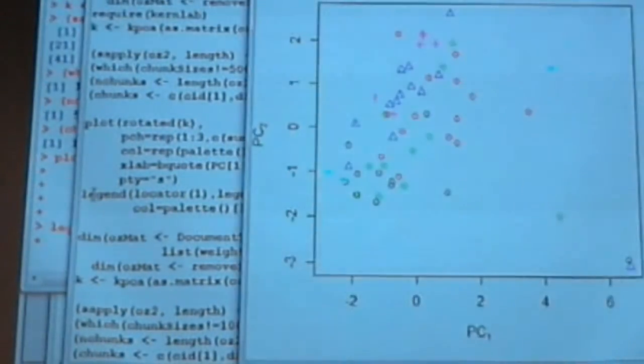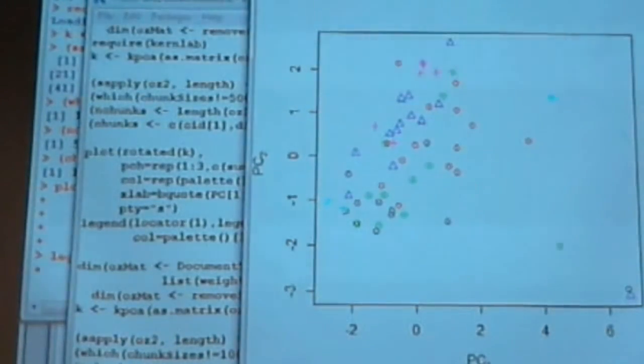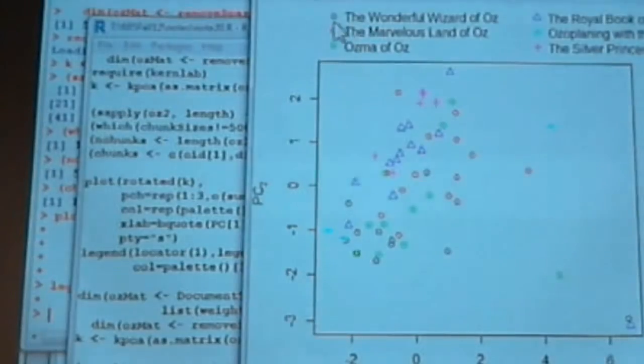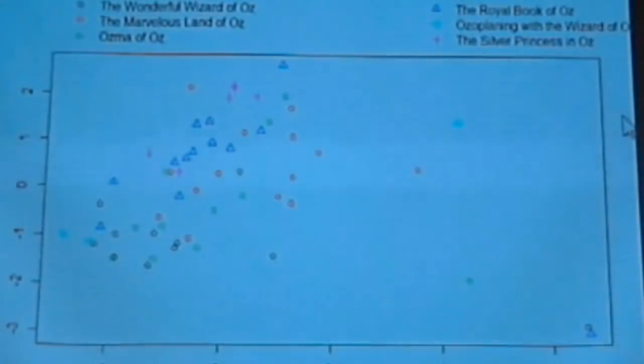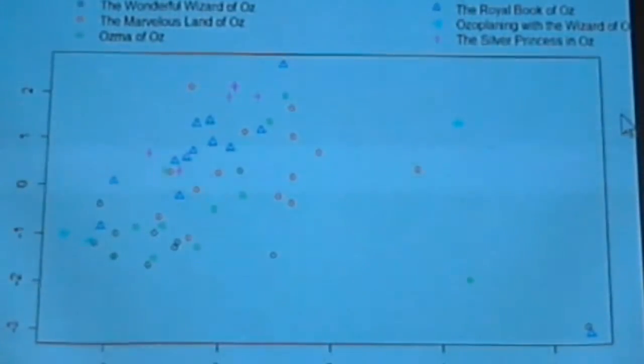So here, this is the plot. Let me do the identification of the documents here. I need a locator to locate this. Just put it here. It's always hard when I translate that. Should I redo this?